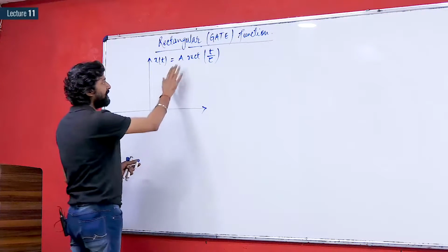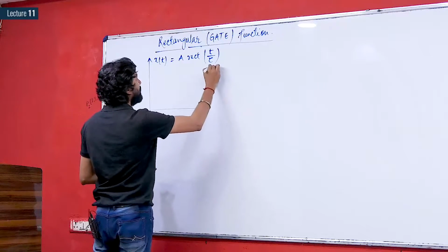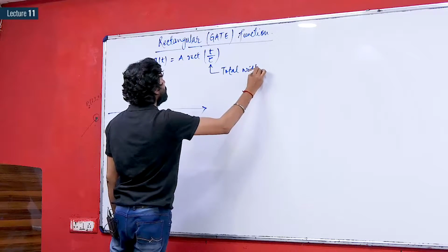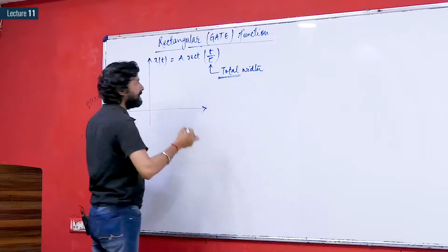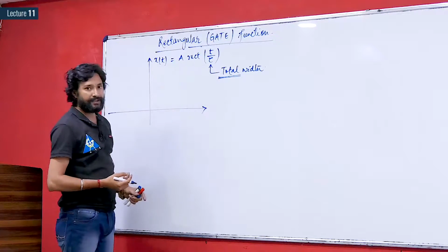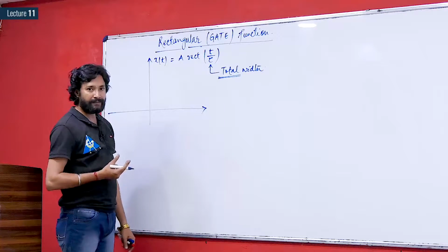In a rectangle of t upon tau, this tau represents the total width of the rectangle. It is important because the next function that we are going to take will be the triangular function, where you will have a similar representation, but in that case tau represents the width of any one side.